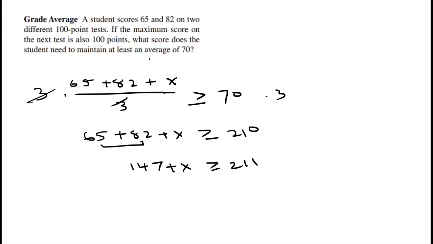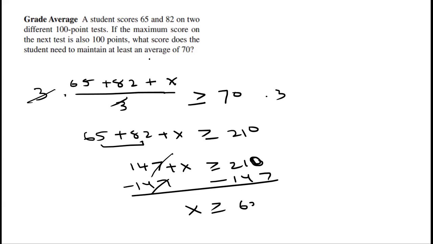And then we're going to subtract 147 on both sides. Okay. So that should give us, oh, that should be a 10, right? Not 11. So that should give us 63. So X is greater than or equal to 63.